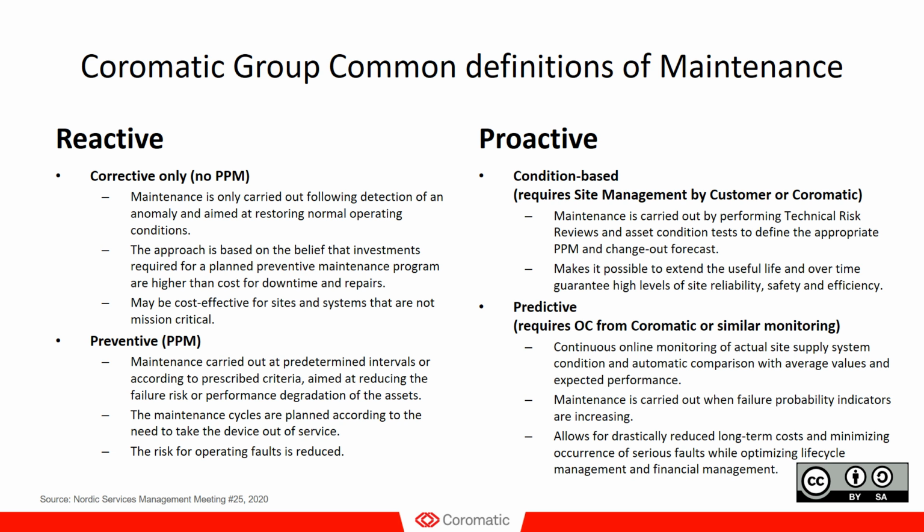The challenge, though, is that you have the risk of downtime and that the repairs will cost more than simply replacing under controlled conditions. So for critical facilities, it's not really realistic to have corrective only.